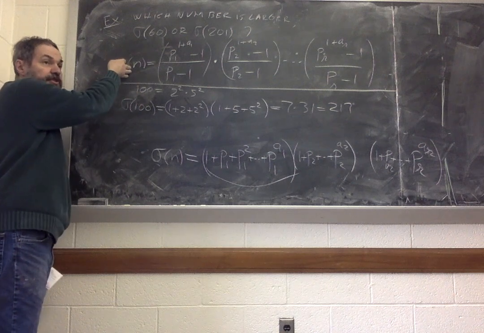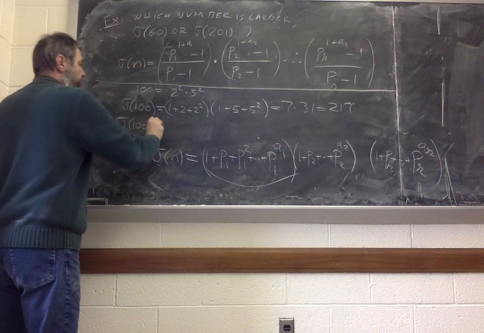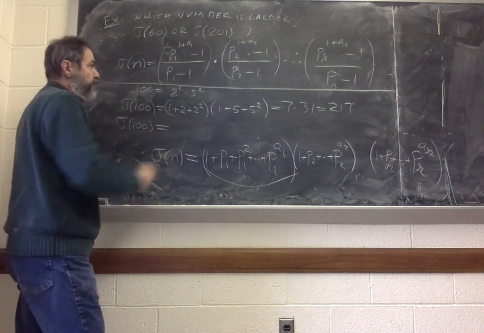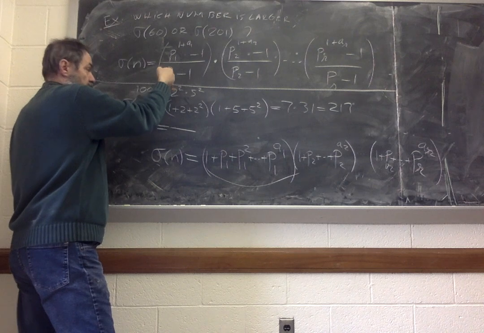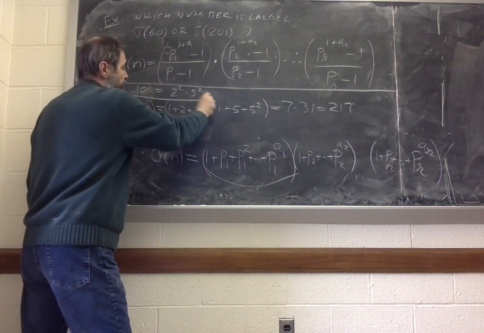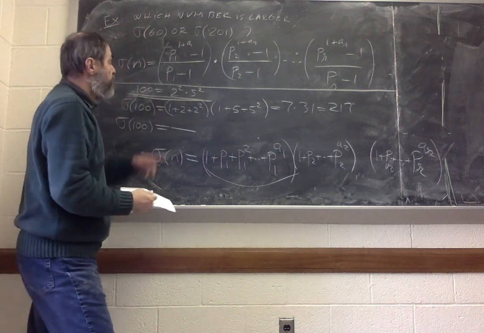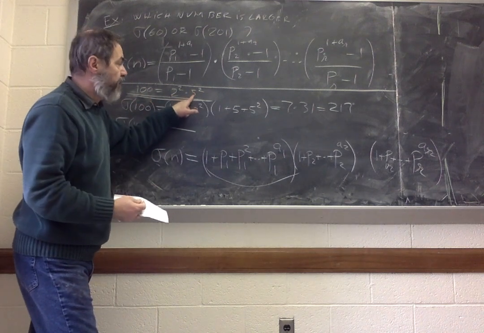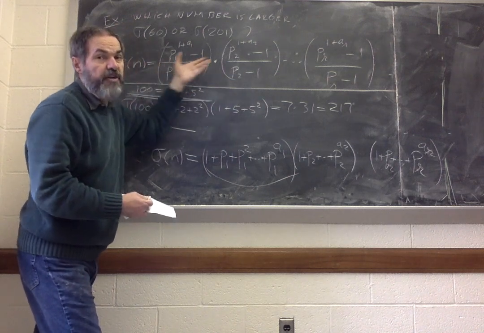Suppose I use this new formula. Sigma of 100 is equal to, I write it as a fraction. In the denominator, I have the first prime, p1, minus 1. In my case, this is how we factor the number: 100 is 2 squared times 5 squared. The first prime is 2, the next prime is 5. So in these denominators, I'm going to have a 2 minus 1 and a 5 minus 1.